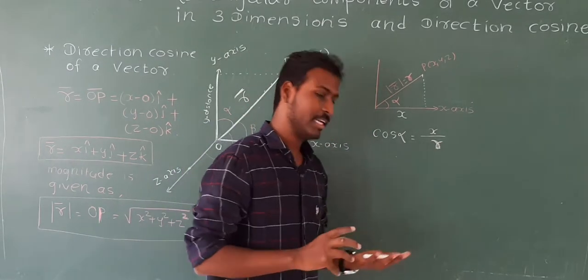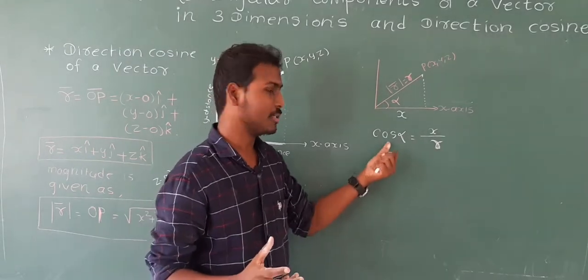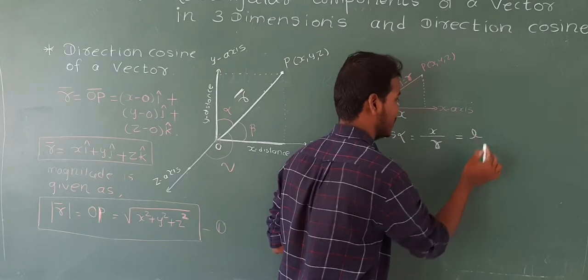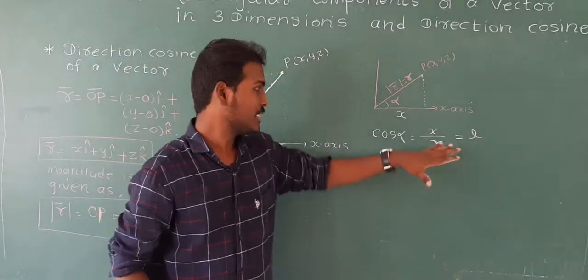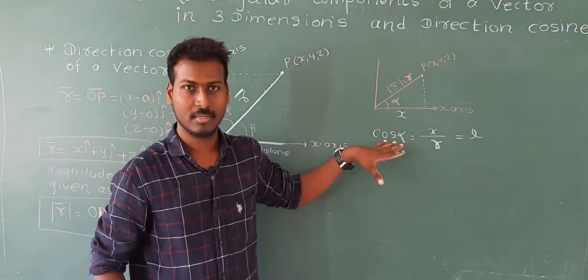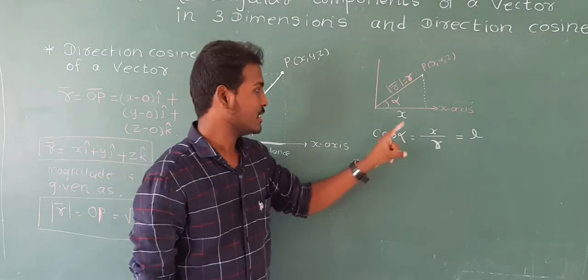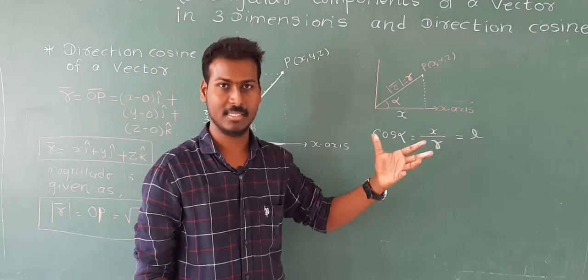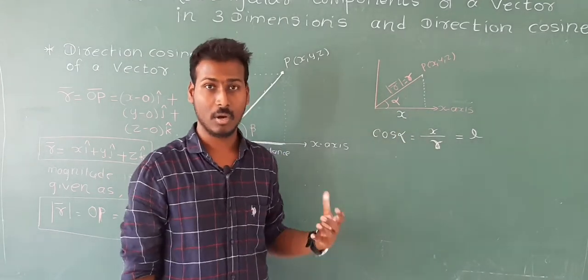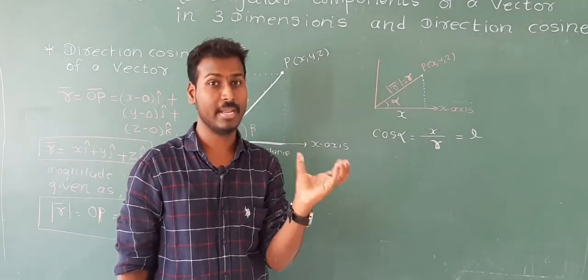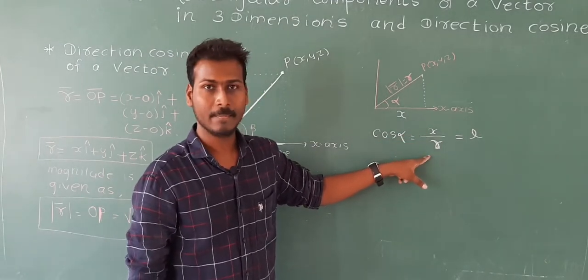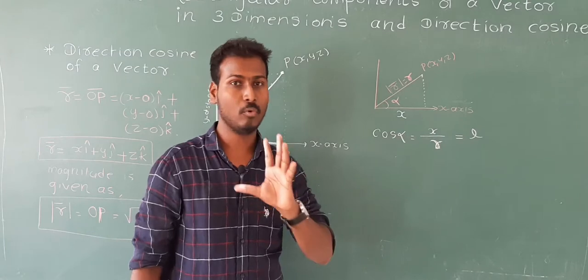So cos alpha is nothing but l in physics. This is our first direction cosine. How to find it? Just take the displacement or magnitude on the x axis, whatever magnitude that point or vector shows on the x axis, and divide it by the magnitude of the position vector.